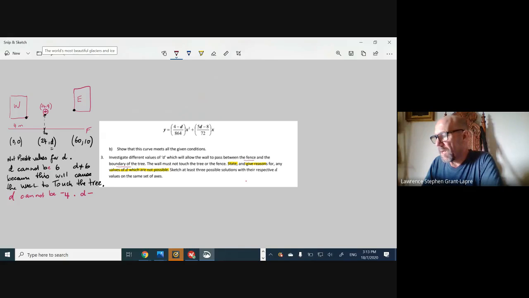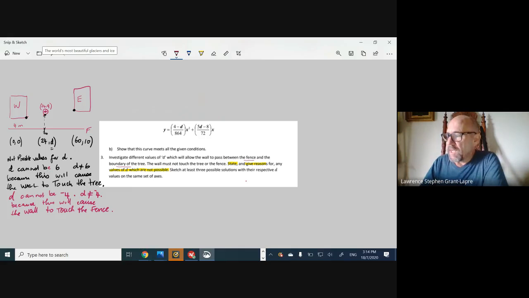D cannot equal -4. Why? Because this will cause the wall to touch the fence. All right, there we go. That will do. We can name more.